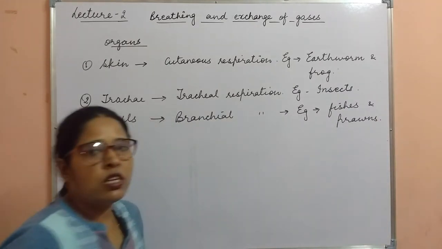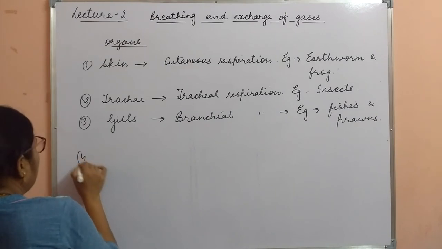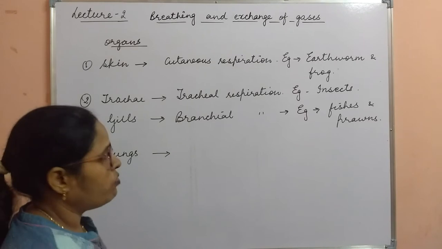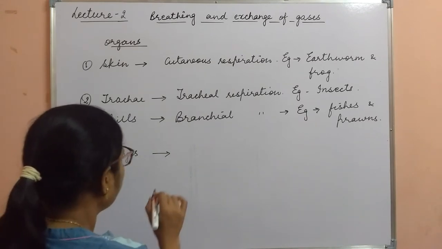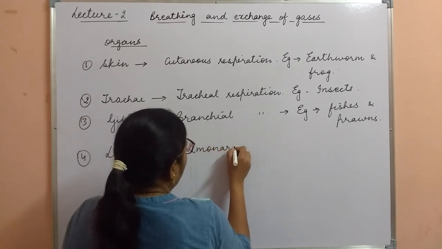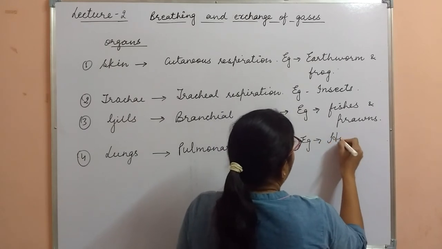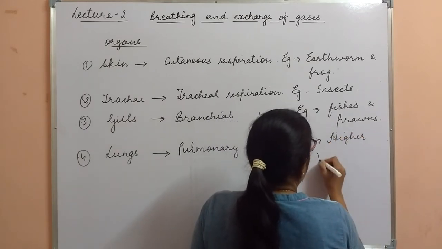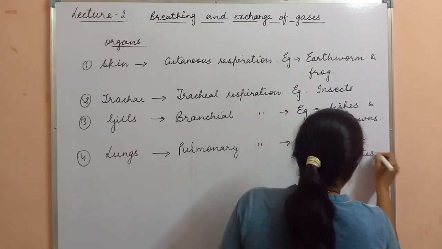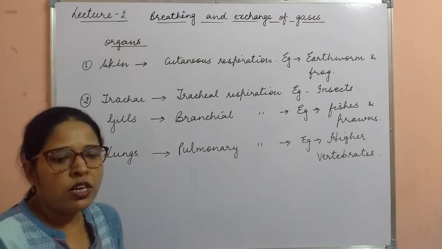Next one is lungs. Lungs are very important organs for respiration, and the respiration which takes place by lungs is called pulmonary respiration. It is mainly found in higher vertebrates, from amphibians to mammals, all of which respire through lungs.